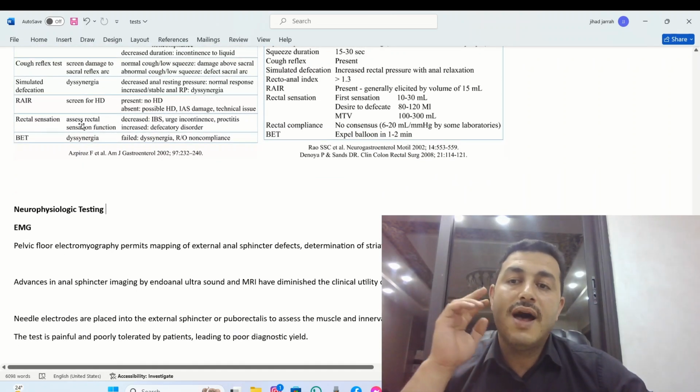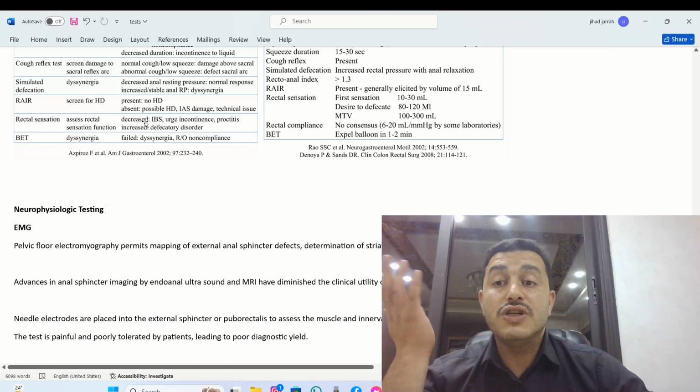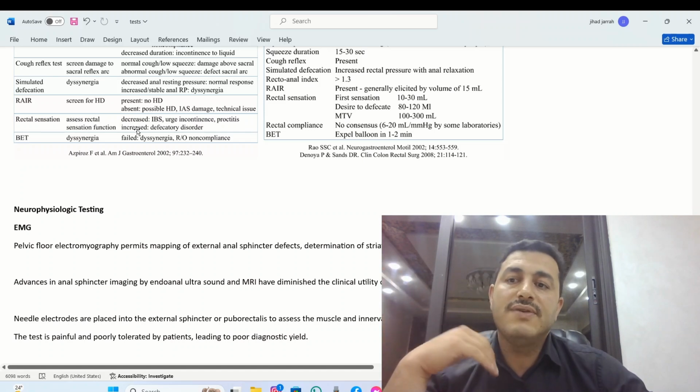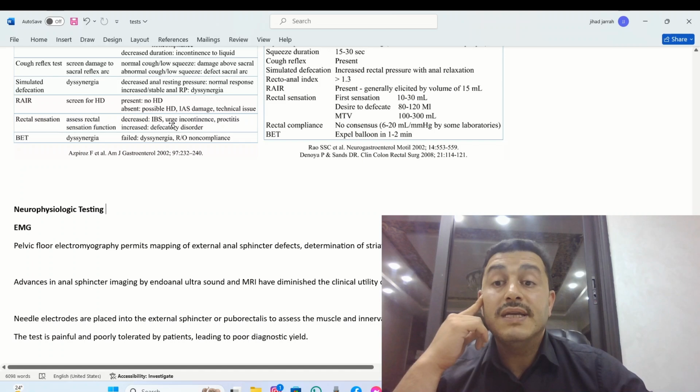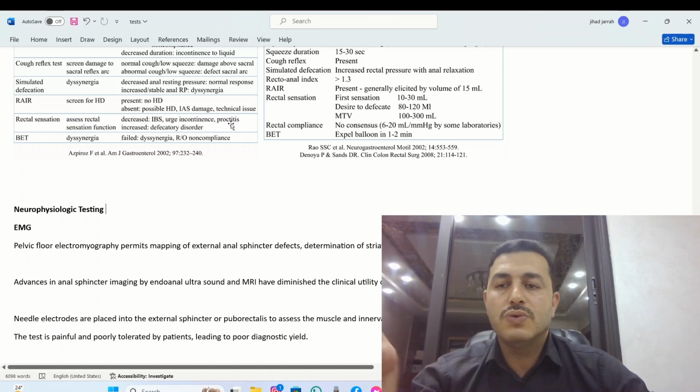Sensation, we said either the sensation is decreased, hyposensitivity, such as in irritable bowel syndrome, diarrhea-predominant, urge incontinence, proctitis. The patient cannot tolerate to go to the toilet.